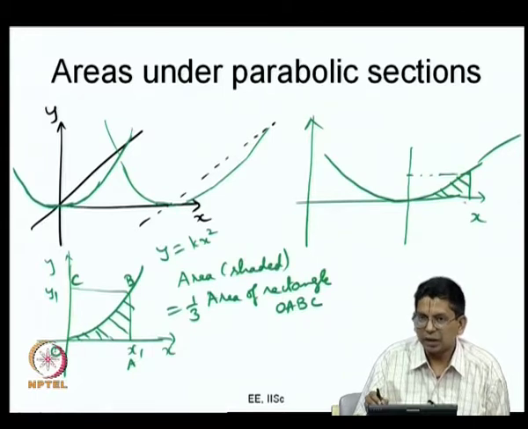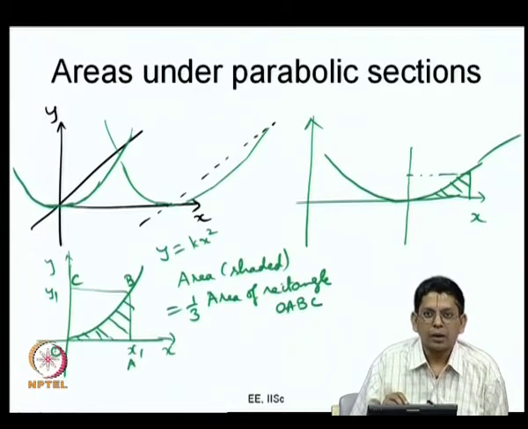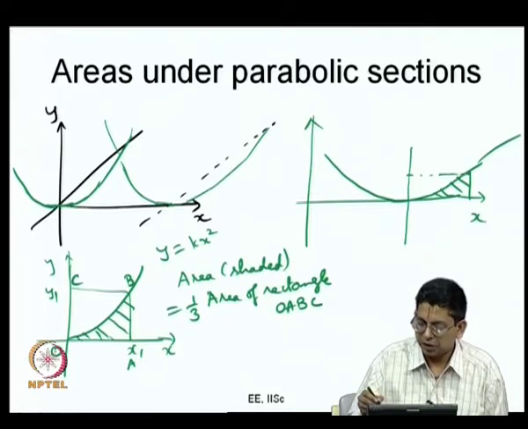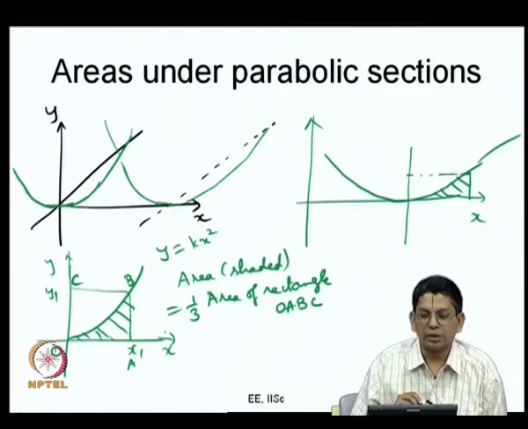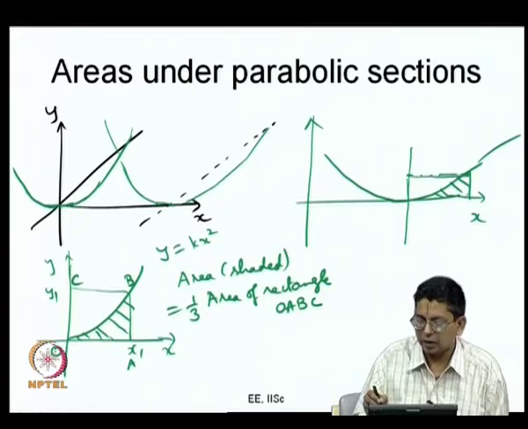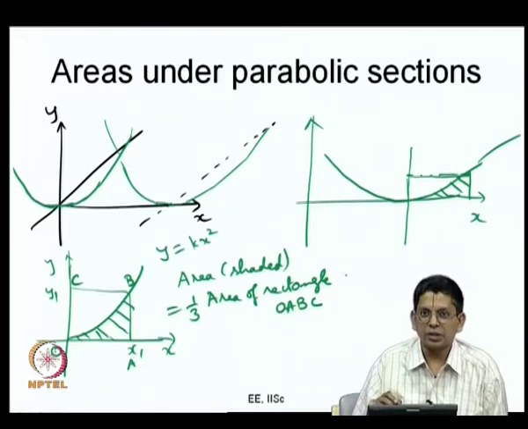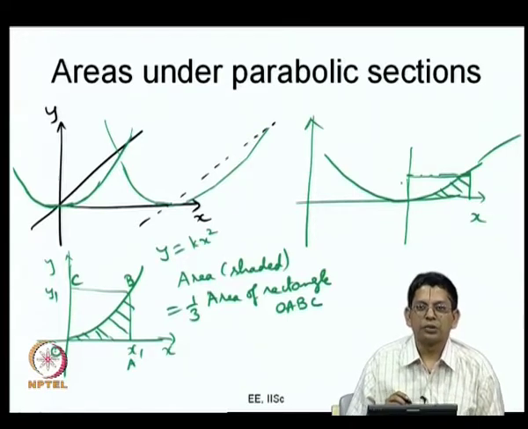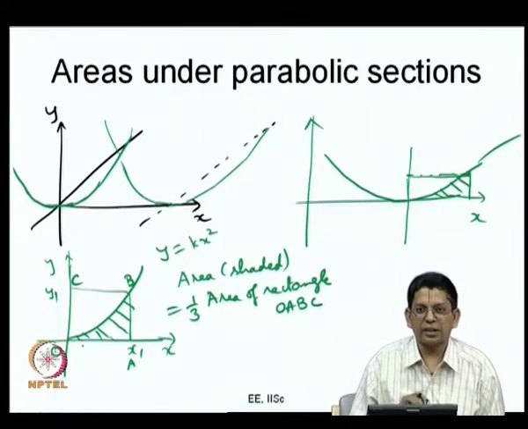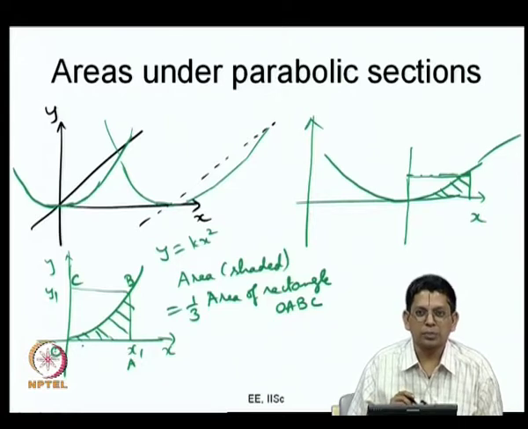One of the sides of the rectangle is the horizontal axis, the other side is the axis of the parabola, and the other vertex is given by the point that you are interested in. The shaded area is once again 1/3 of the area of this rectangle. It is very obvious, right, you are just shifting that. There is nothing else, and you can prove this also mathematically.